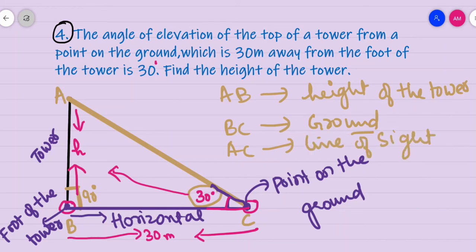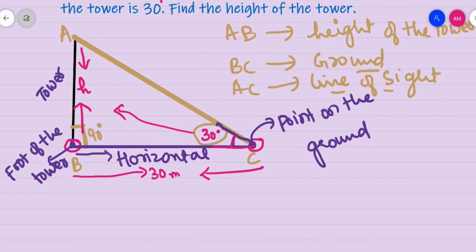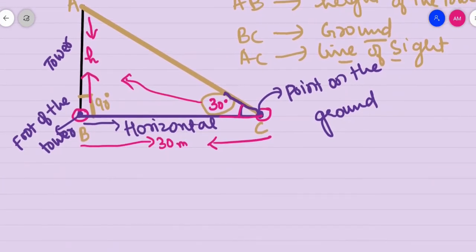These are the things you have to define. Now let us find the height of the tower. How will you find it? The height of the tower is AB, so you need a ratio of AB by BC or BC by AB.